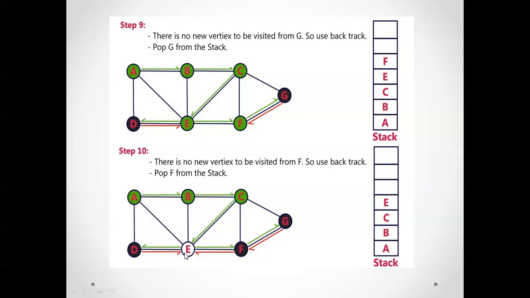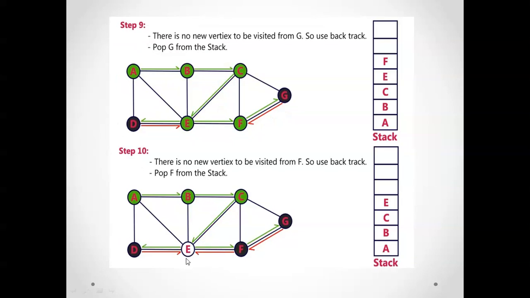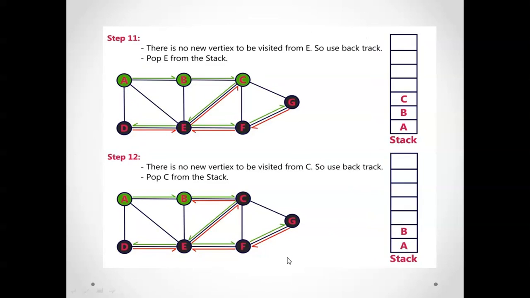Then again we need to perform the backtracking from E to C. When you are performing the backtracking, we need to remove the element from the stack. We are performing the backtracking from E to C. So I'm going to remove the element E from the stack. Now E is removed from the stack.